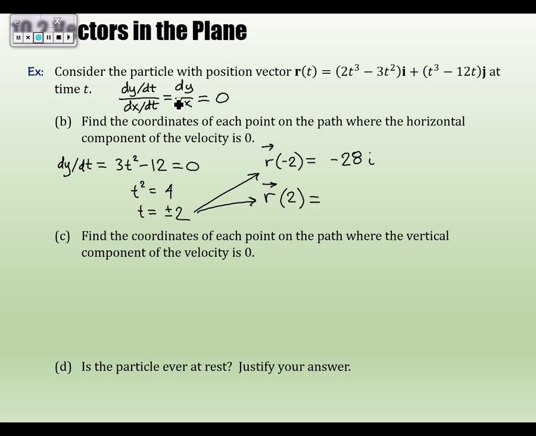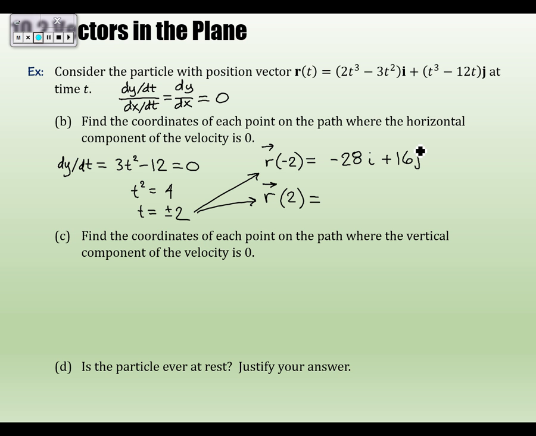Okay. Did that buy everyone enough time to plug in negative 2 into the other component? Negative 8 plus 24 is positive 16? Is that what you just said?